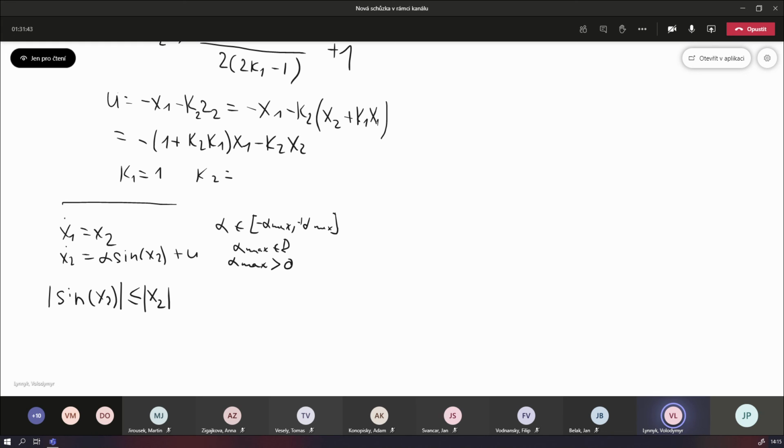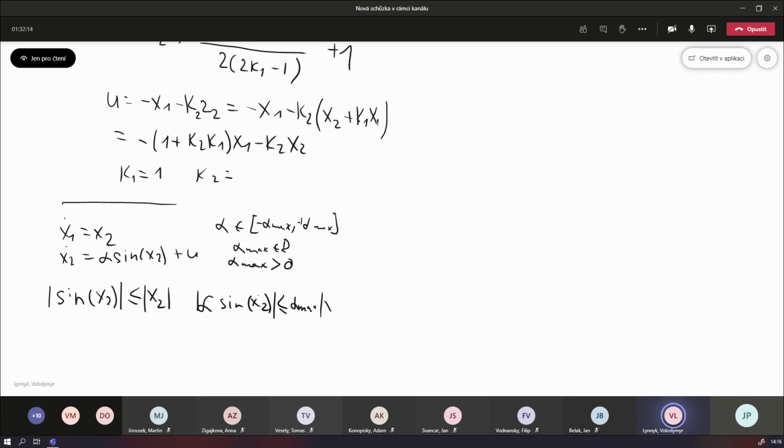And then alpha sine x2 is less or equal to alpha max times x2 in absolute value, because the maximal value is alpha max.